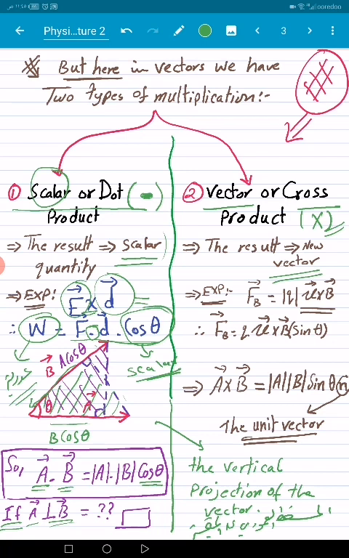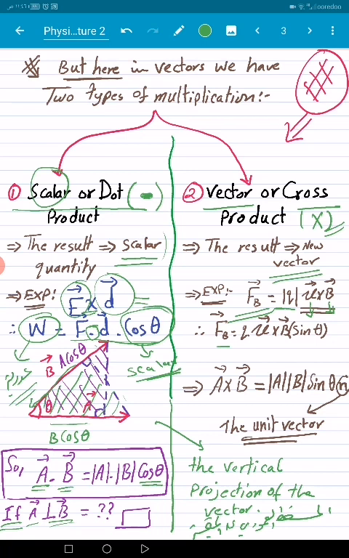For example, the force of the magnetic field is equal to the absolute value of Q, the charge, multiplied by V, the velocity of the charge, cross B, the magnetic field.